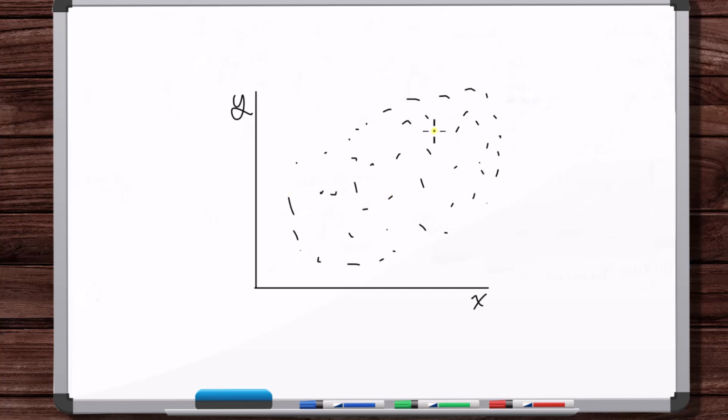So we could erase these data points and replace them with an outline like this, and just have a general sense of the distribution of the points.